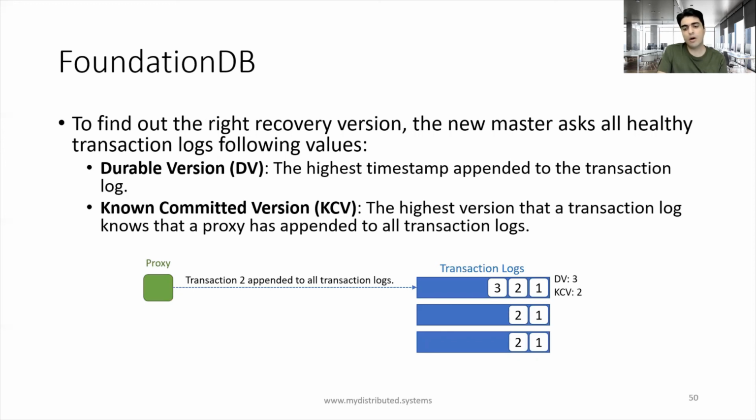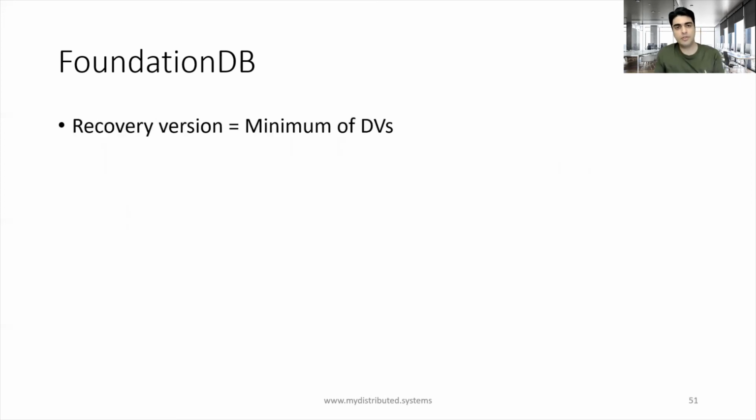But if you ask the other 2 transaction logs, they will return 2 and 1 for DV and KCV. Okay, so after receiving all of these DVs and KCVs, the new master picks the minimum of DVs as the recovery version.